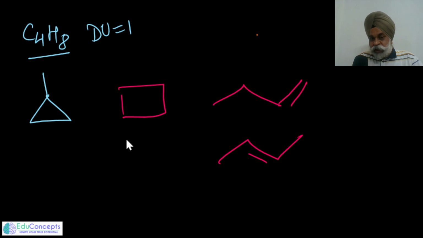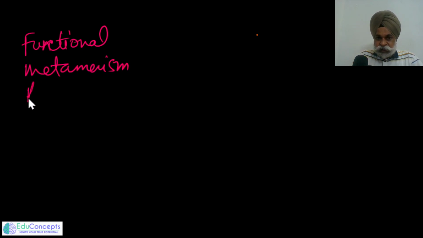So make it a point that while comparing ring chain isomers, one open chain and one ring structure should be there in the system. So this is in regard to the discussion of today's session. We talked about functional isomerism in today's session, then we talked about metamerism, and lastly ring chain isomerism.